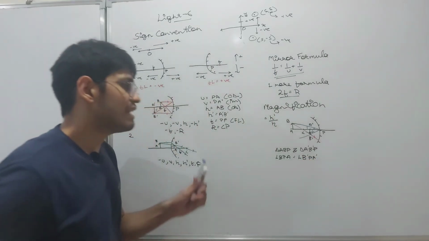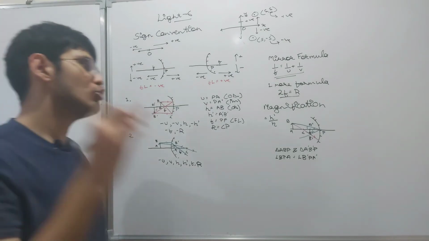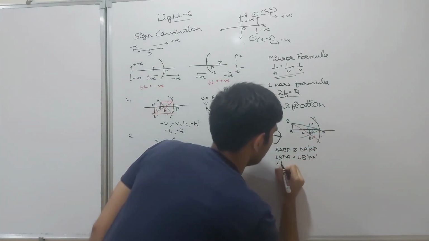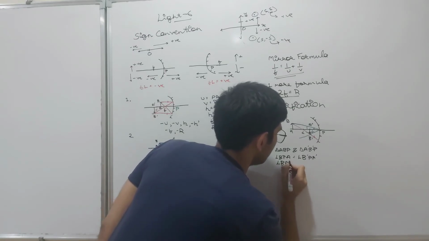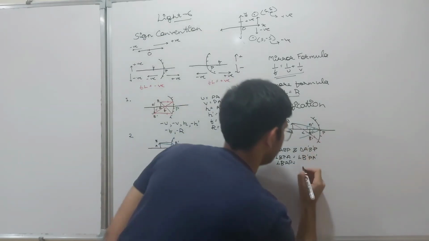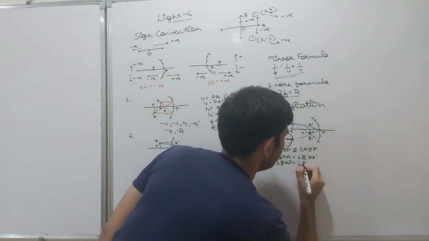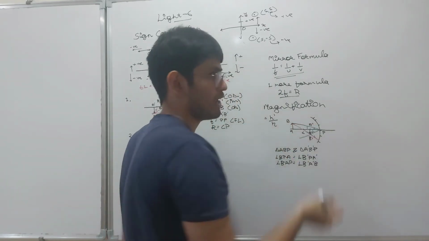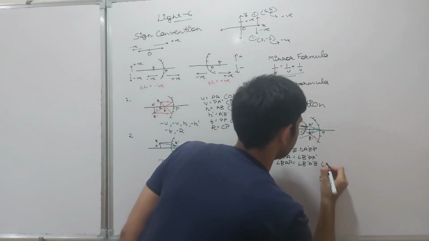So these both angles are equal. We can also look at angle BAP. Angle BAP is equal to angle B dash A dash P. How come? Both are 90 degree angles.